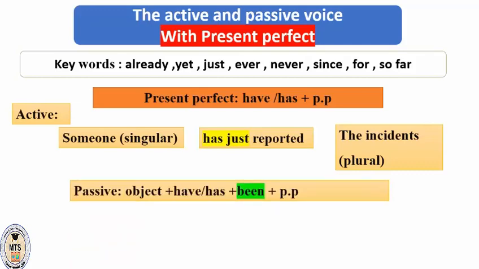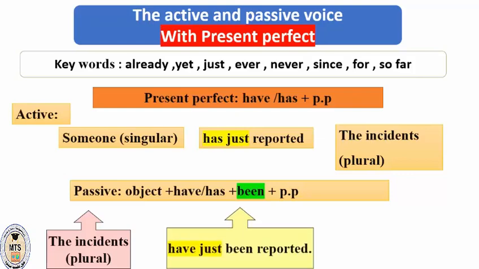The passive rule starts with the object, have or has plus been plus past participle. So the incidents, plural. So what will I do? Yes, I have to change has to have and complete with the rule just been reported by someone. So the incidents have just been reported by someone.